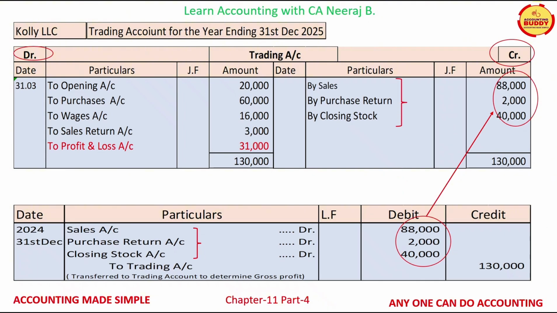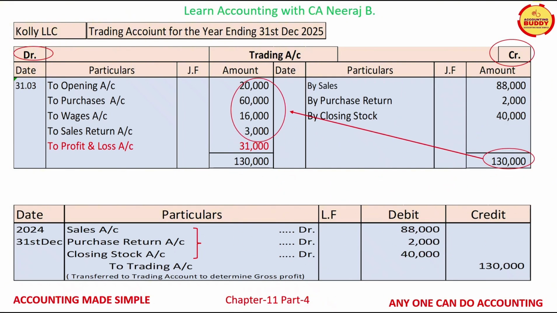After posting all the nominal account entries to the trading account, do the totaling of the credit side of the trading account, which in our illustration comes to $130,000. Now deduct all the debit side transactions from the total of the credit side, and we are left with a balance of $31,000 being the gross profit of the business.